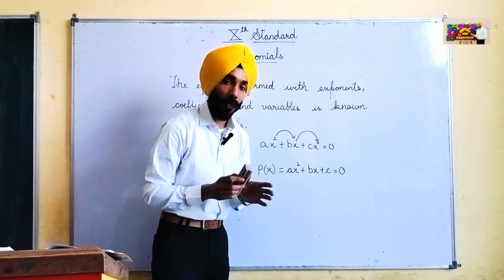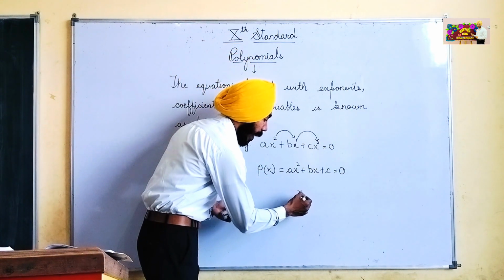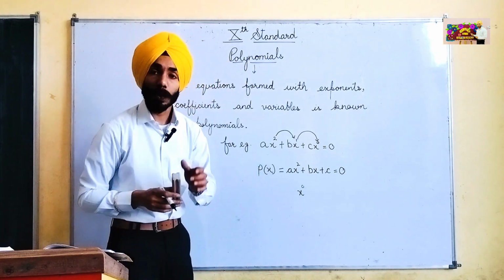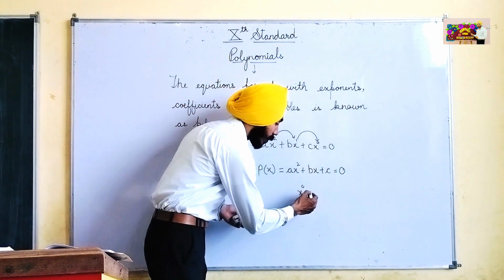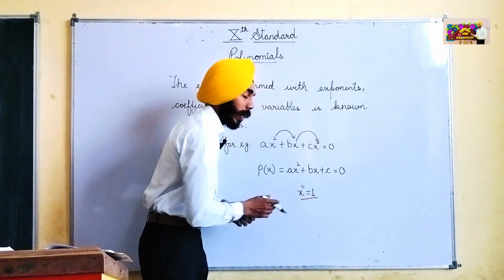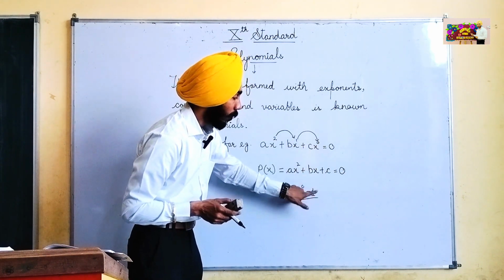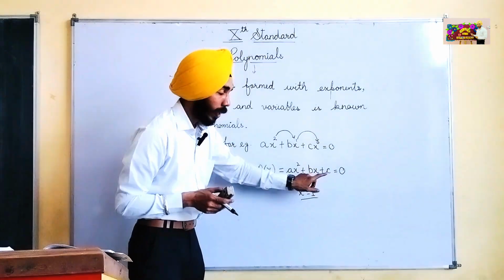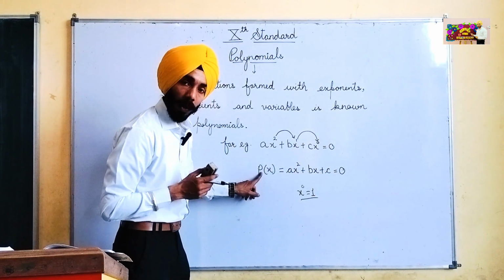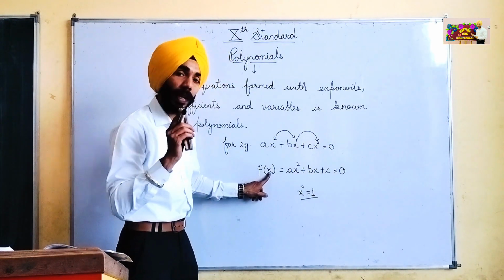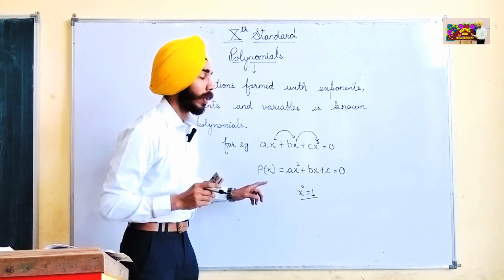We know very well if any variable has power 0 is equal to 1. It means c multiplied by 1, which is equal to c. This is the equation of polynomial that is in one variable x.